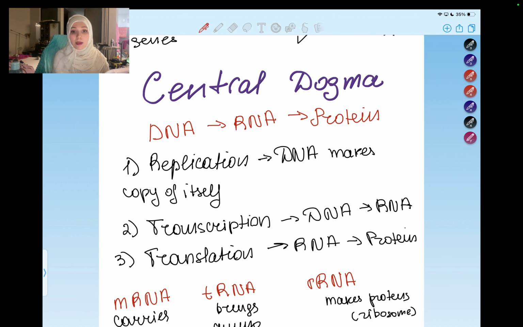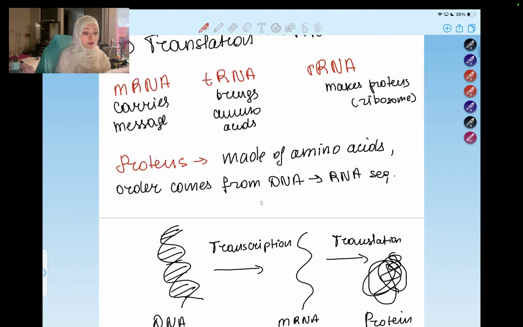Then we have transcription, where DNA is transcribed into RNA. And then we have translation. Since RNA has a different language and protein has a different language, we say translation. RNA turns into a protein.